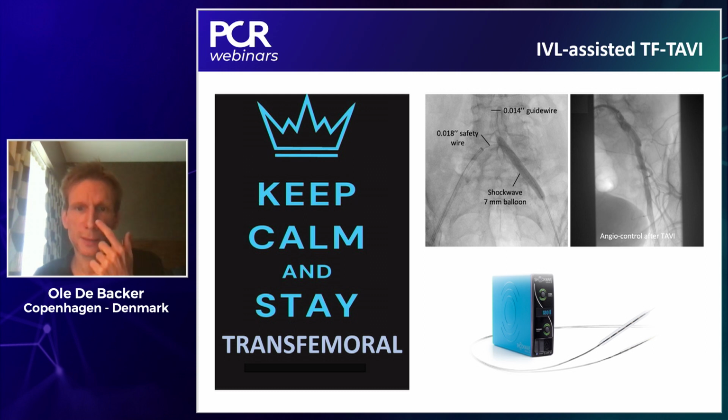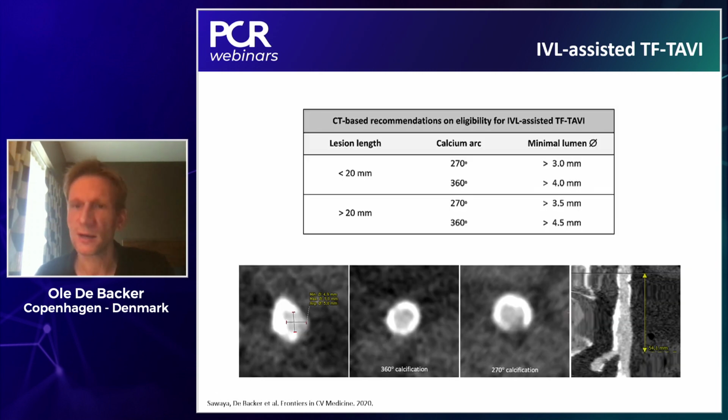This is a setup that we have been using also to try to keep as many cases as possible transfemoral. So I would say keep calm and stay transfemoral in the majority of your cases, even very calcified cases, as you see here. They can be 360 degrees calcified with intraluminal diameters as low as 3.5 millimeters.